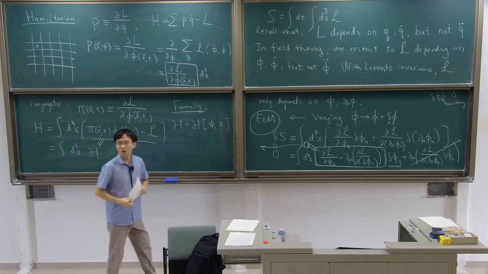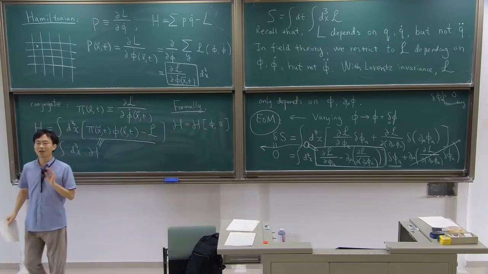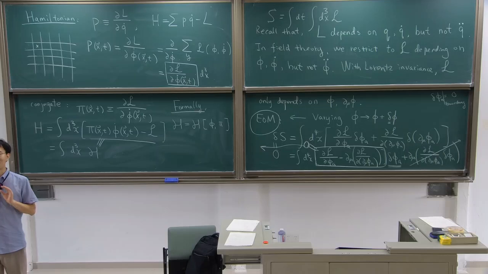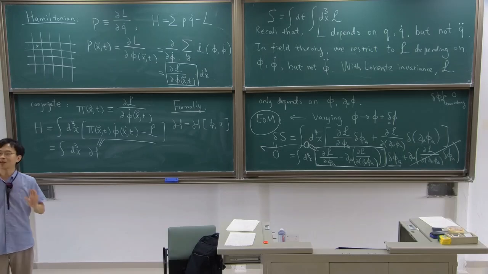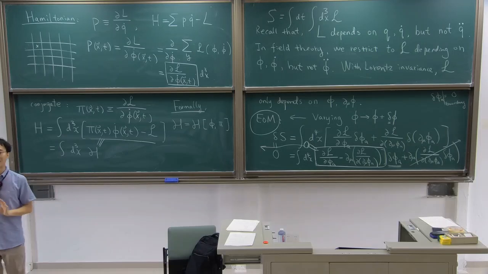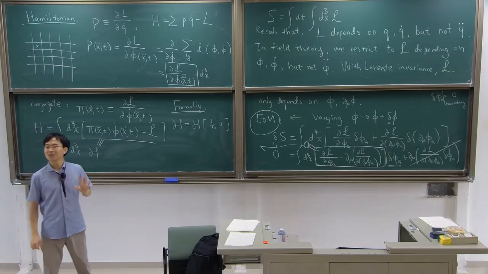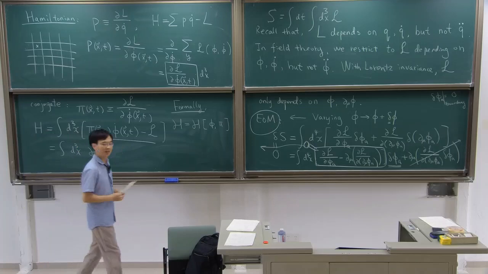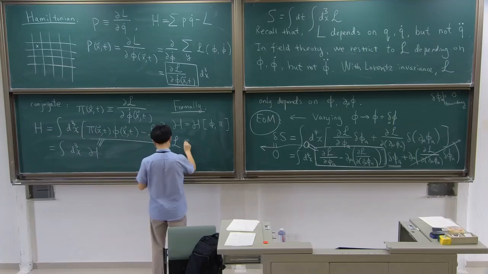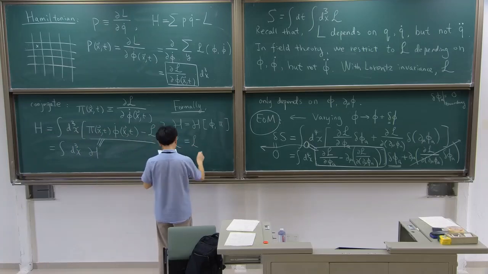We treat phi and pi as independent variables in the Hamiltonian form. Here there's no phi dot, which means if your expression for the Hamiltonian has some place where phi dot appears, it is replaced by pi. On the other hand, for the Lagrangian, we think in a different way.